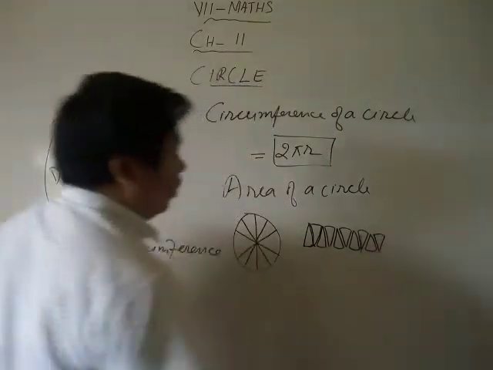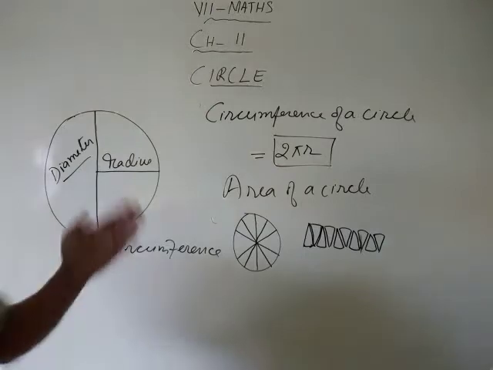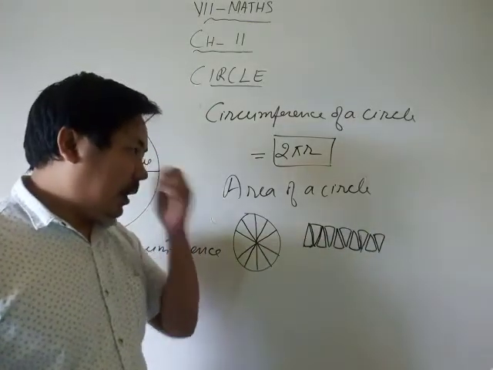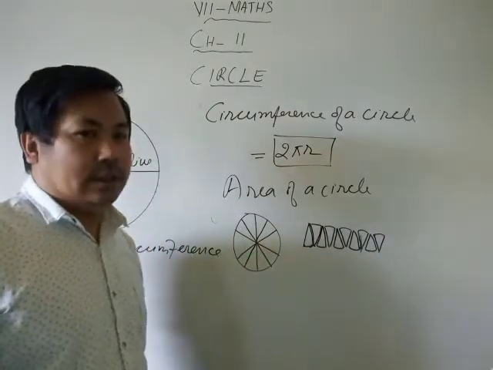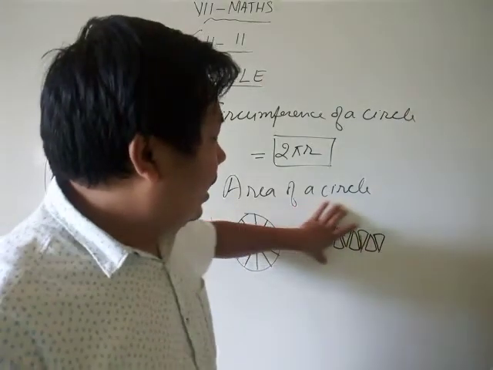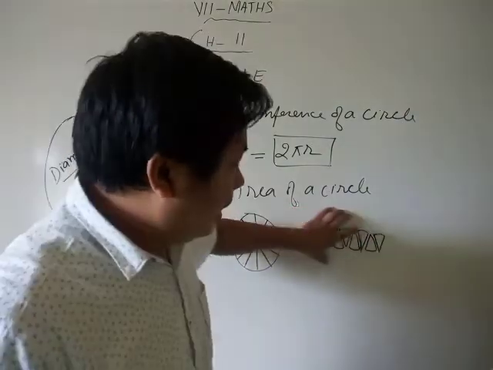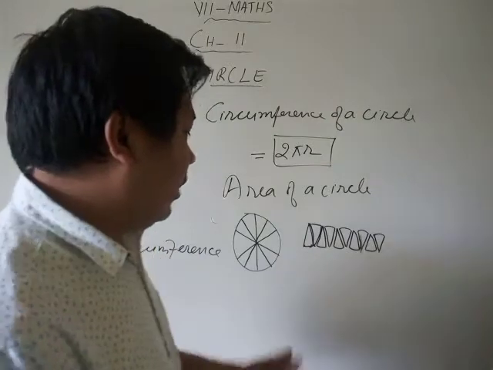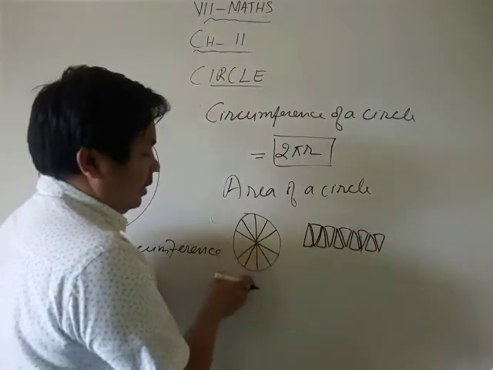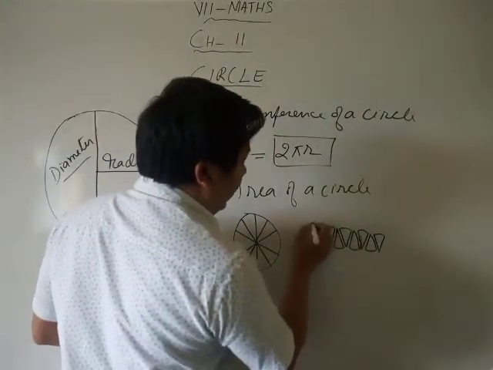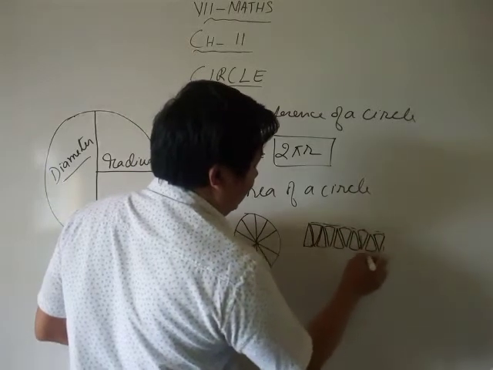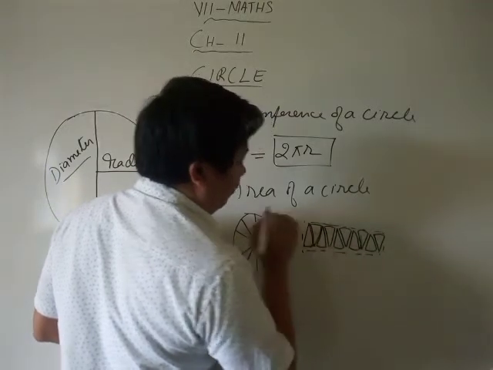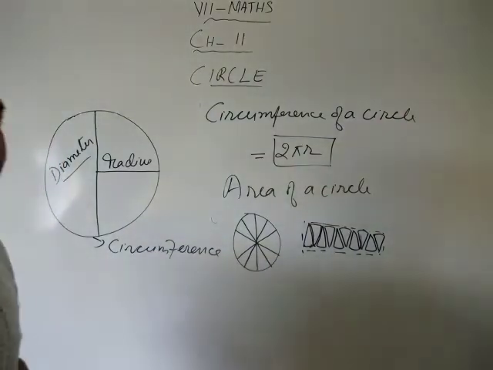So we arrange them in rows, we made the row, and we expand the sectors of the circle in this way. Then we get a figure that is a rectangle. We'll get a rectangular figure.